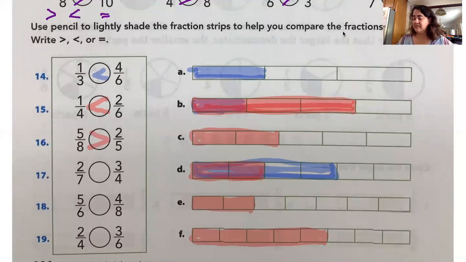Which one, friends, is, which way should my sign go, Valentina? 2/7 and 3/4. 2/7 is less than 3/4. Okay, then we have 5/6 and 4/8.